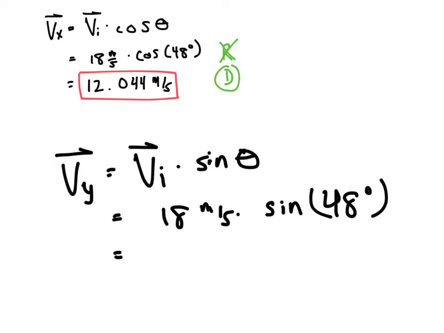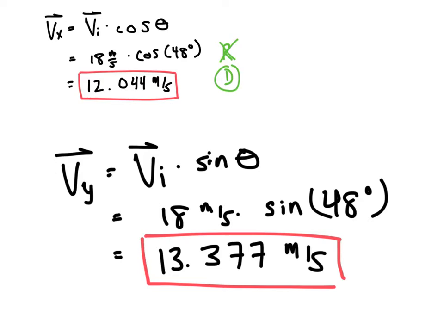And we determined that it's 13.377 meters per second. That's our initial vertical velocity. In other words, given this vector, the motion is around 12 meters per second horizontally and around 13 meters per second vertically.